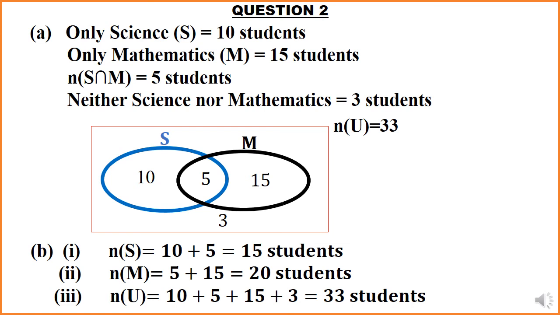So the difference between only science and science, only maths and maths, is that whenever only is attached to a sentence or a statement, we write its number of members within the circle, which is the remaining part after representing the intersection members, while we don't add nor subtract the intersection members from this number when only is attached to the statement.